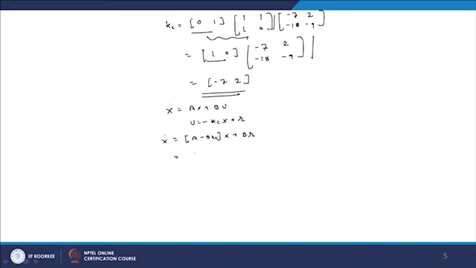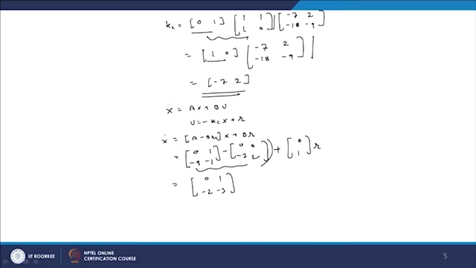If we solve it we will get [0 1; -9 -1] minus [0 0; -7 2] plus B, this is [0 1], into r, and after solving this you will get [0 1; -2 -3], this is x, plus [0 1] into r, and output y is Cx, so it is [1 0] into x.